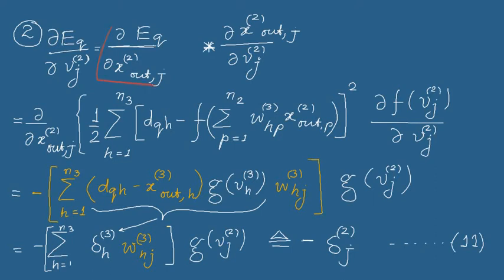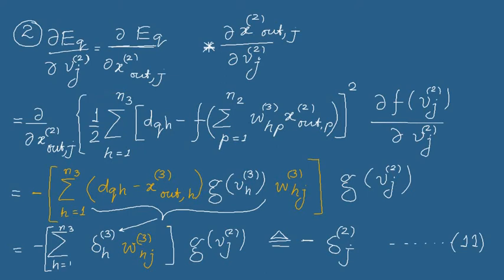Now as far as this first term is concerned, this term is going to be expanded like this, and this term is nothing but the formula for EQ. This whole term is EQ.